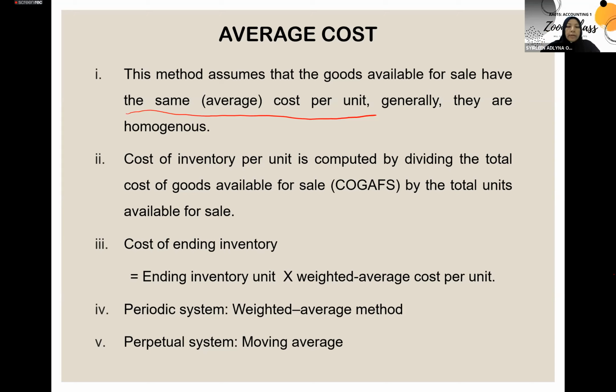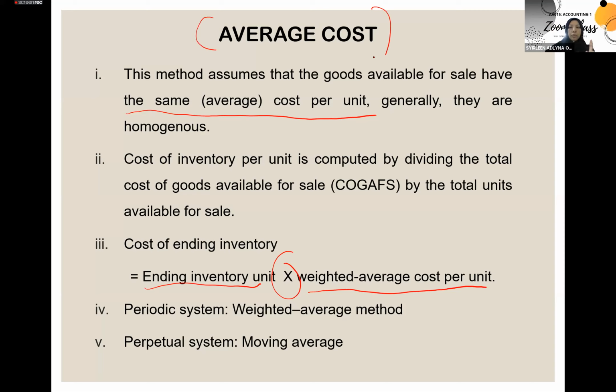Okay. Alright. So the cost of ending inventory is the ending inventory unit. Kita akan darabkan dengan the weighted average cost per unit. Okay. So untuk average cost, okay, untuk perpetual dengan periodic, dua-dua ada LIFO, dua-dua ada FIFO. Okay.